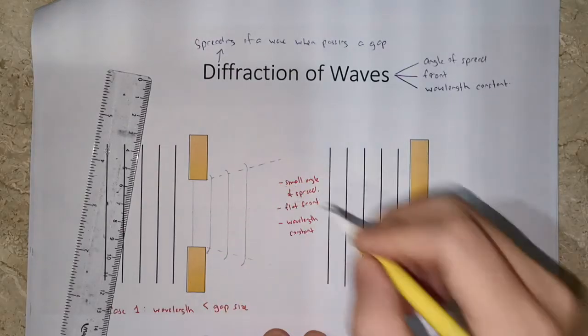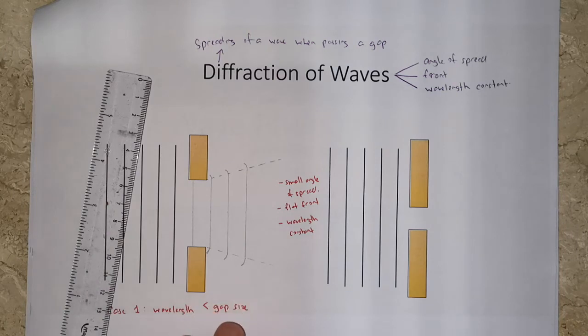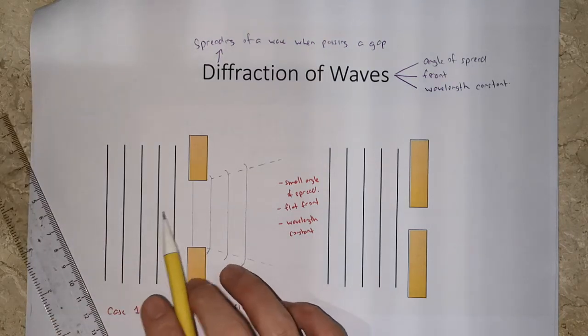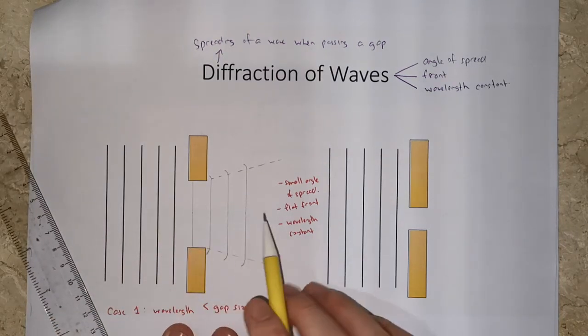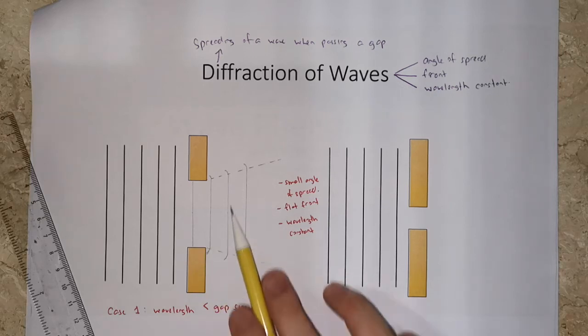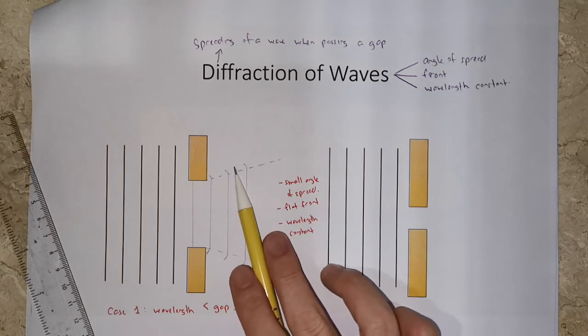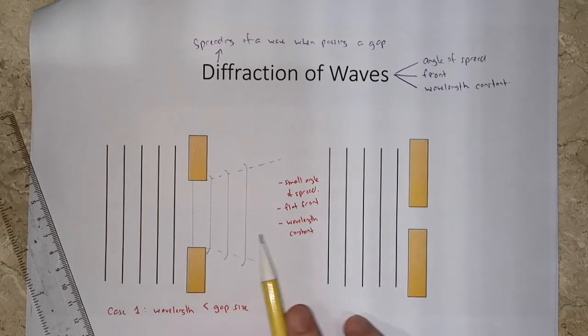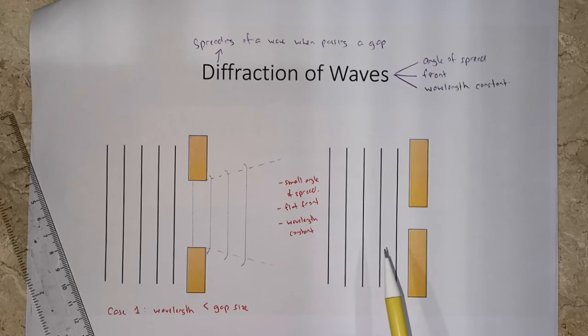And there we go. Now this is what we call diffraction of waves. Waves that are traveling and passing a gap will spread. But because in this case the wavelength is a lot smaller than the gap size, we have wavefronts that look like this, very flat in the front with a slight amount of spread at the sides, while also keeping the wavelength constant.